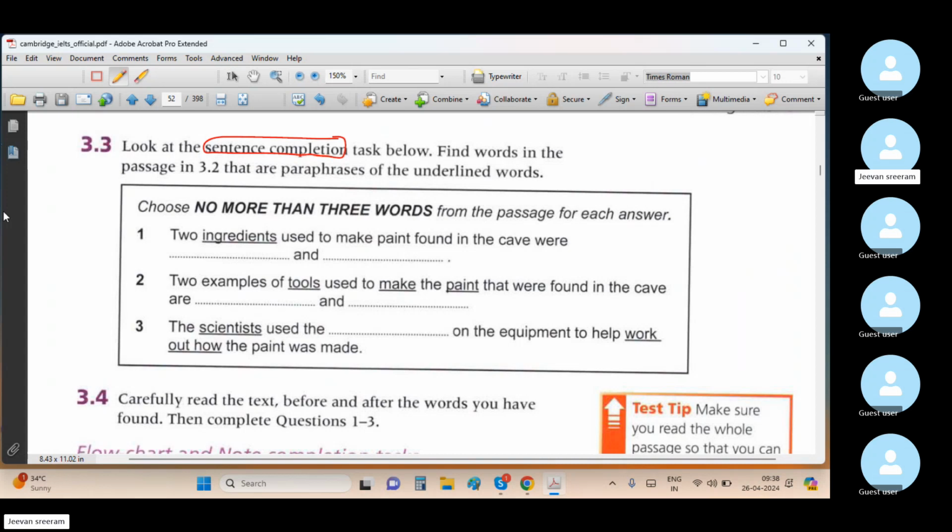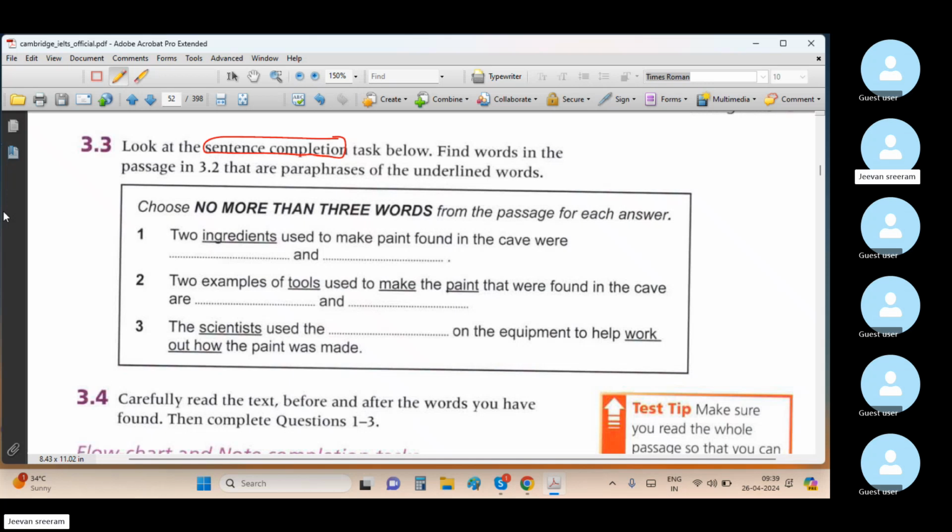Shall we start discussion? Yep, not more than 3 words now.